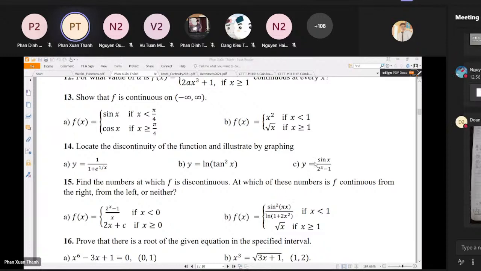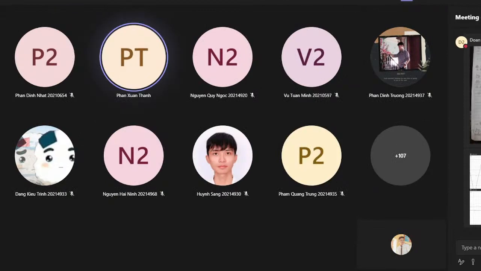Okay, let me check some solutions for exercise 14, A and B. 14A. So we have two parts. The first part has to look at the discontinuity. That means we find the point where the function f is discontinuous. For this, okay, moment please.